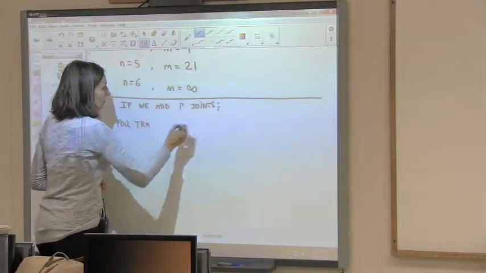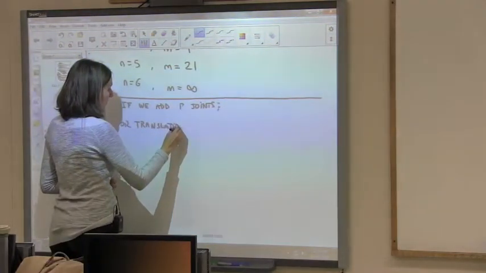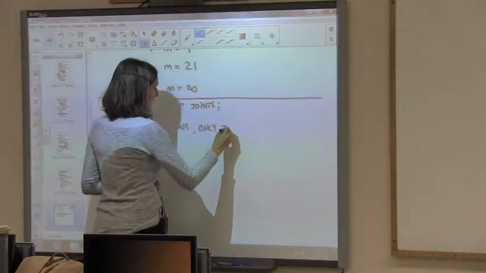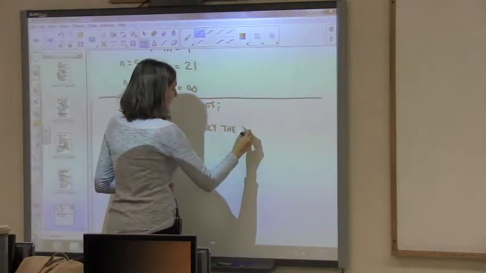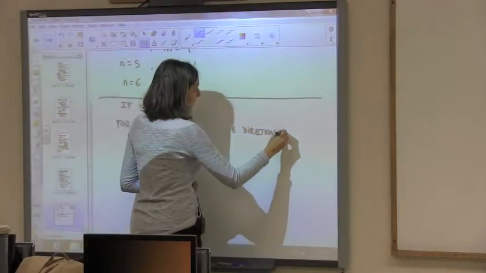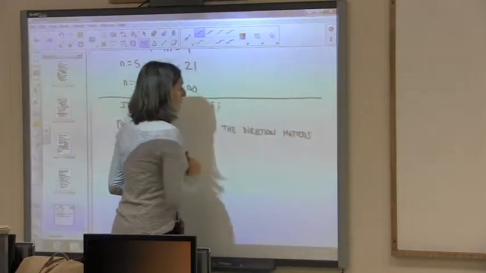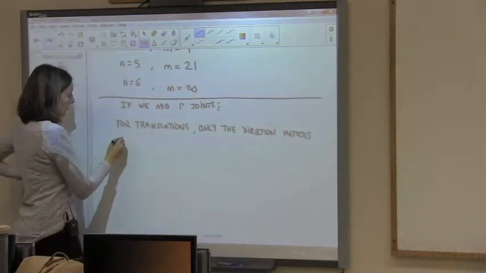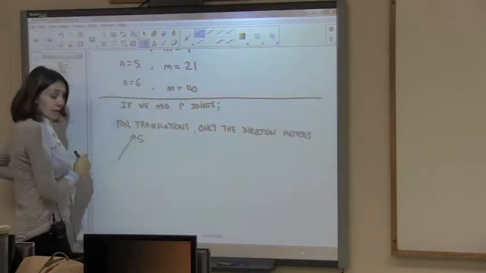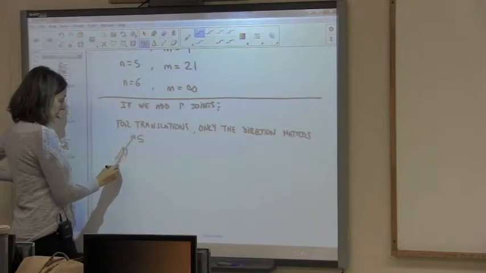For translations, only the direction matters, which means these are the Plucker coordinates of a prismatic joint.